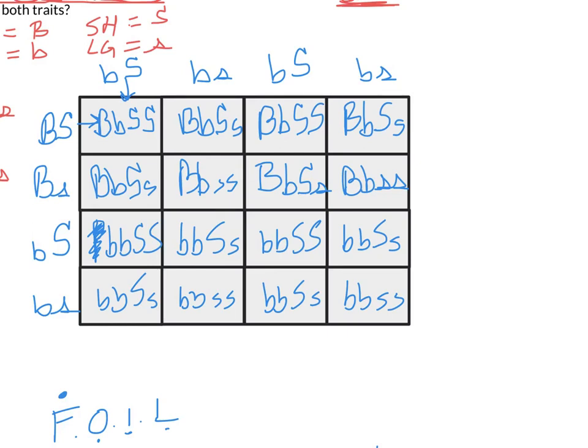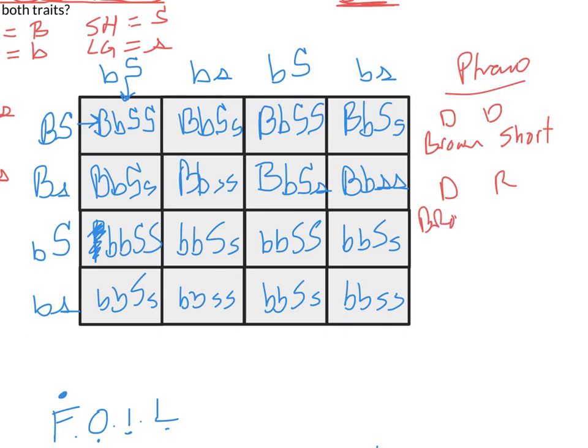So the phenotypes. There are only 4 possible ways that the kids could look based on the 2 characteristics. You could have the dominant trait, which would mean brown with short fur. Or you could have the dominant recessive trait, brown rabbits with long fur.